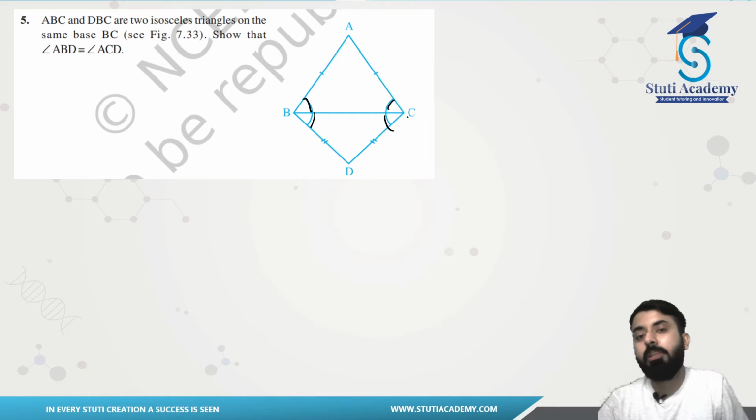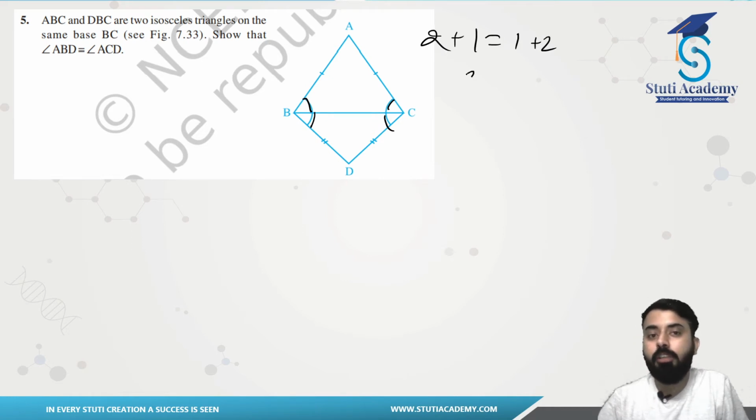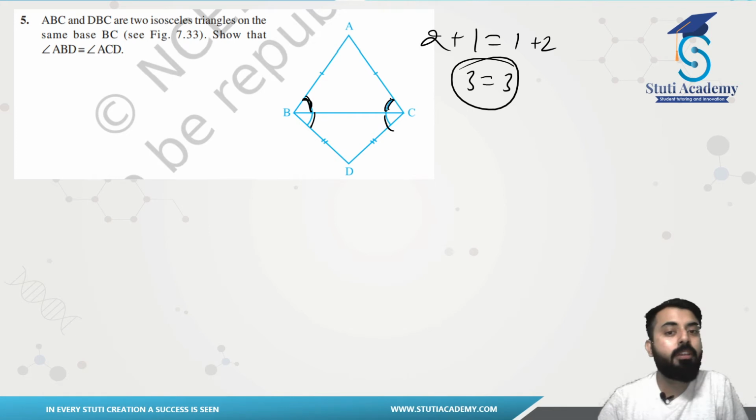And you guys should be remembering that if 1 is equal to 1 and if I add 2 to both sides, then 3 should be equal to 3, obviously. You guys see, if angle B is same as angle C, this angle ABC and angle ACB both are equal, and angle DBC and DCB both are equal, then I am adding equality to equality, then answer whole will be equal. So angle ABD will turn out to be equal to angle ACD.